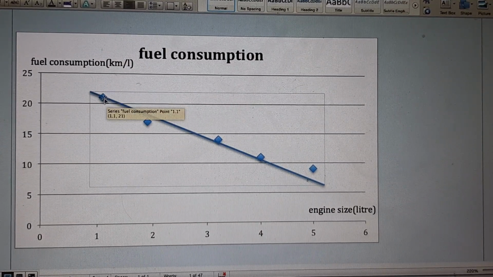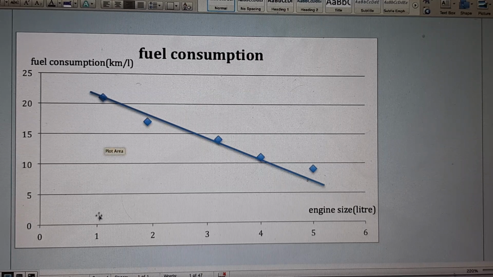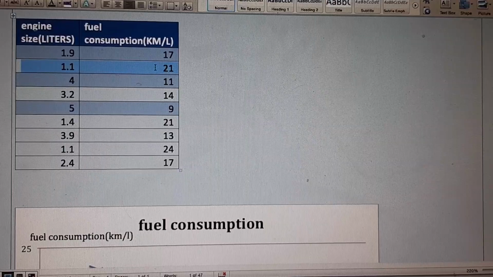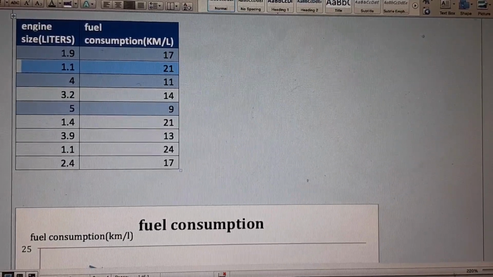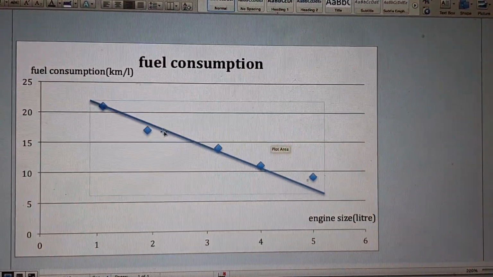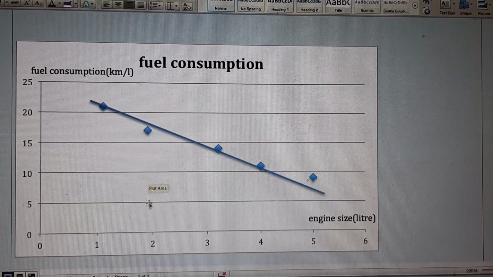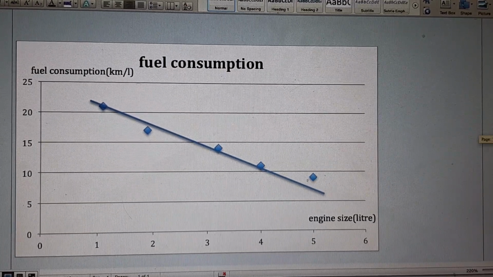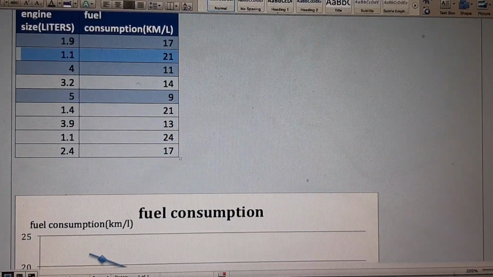As discussed, this point is 1.1 engine size and 21 fuel consumption, taken from this table. First point, 1.1 and 21. Then the second point is 1.9 engine size and 17 fuel consumption, 1.9 and 17, this point.